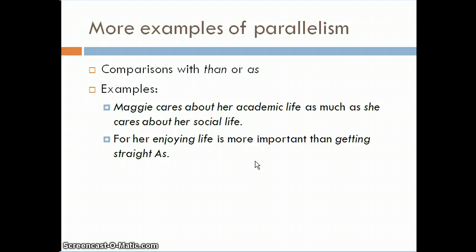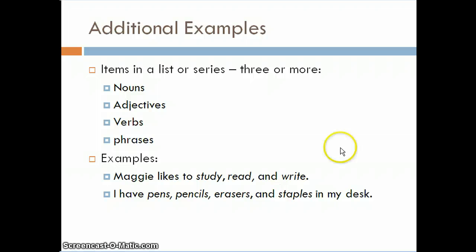For her, enjoying life is more important than getting straight A's. So here we have a phrase, enjoying life, getting straight A's. Notice in this example, we're using gerunds, verbs ending in ing. So even the form of the verb should be the same. We should be using a similar structure with the form of the verb as well.